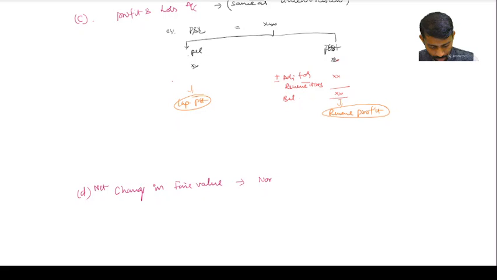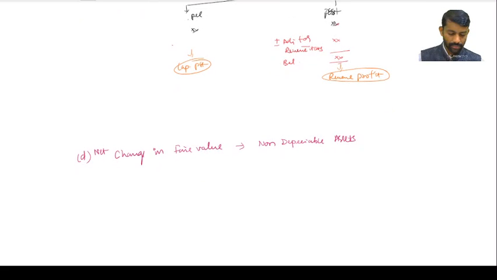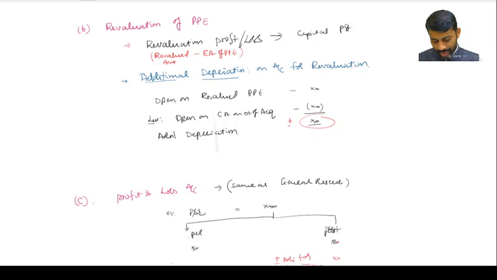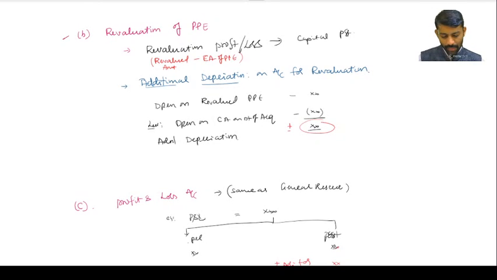This is for non-depreciable assets, usually. Sir, what about depreciable assets? Already we have taken those in revaluation. If it is exposed to revaluation, we would have taken it in the first part itself.